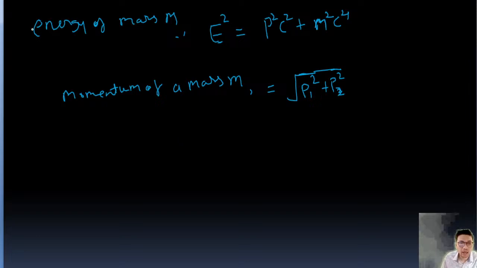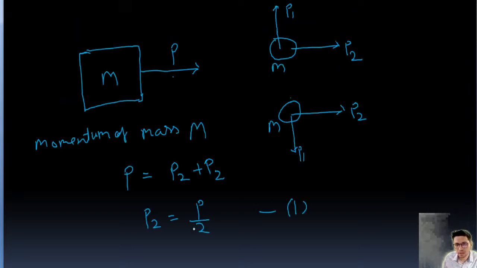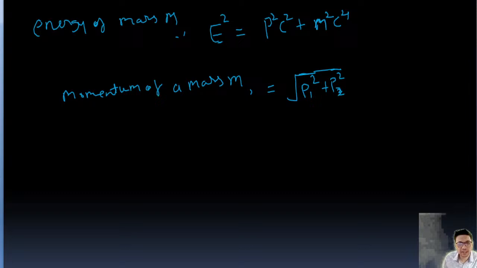Now from equation 1 we'll put the value of P2. P2 is P by 2, so this is going to be P1 square plus P2 square upon 2 square, which is 4.